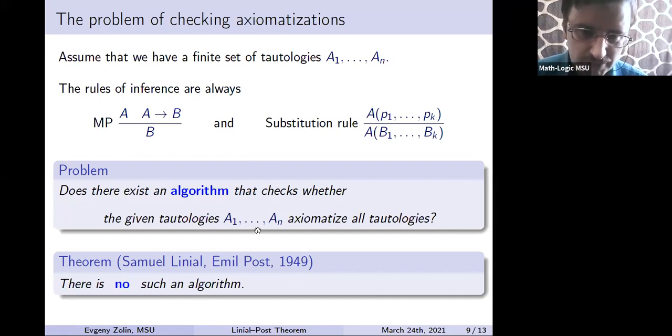And here we have a problem about finite sets of formulas. The usual method of proving theorems like this is to make a reduction from some problem for which it is known that it is undecidable, to our problem.